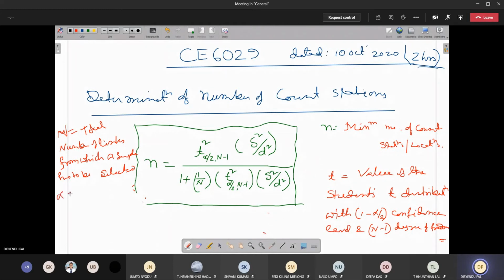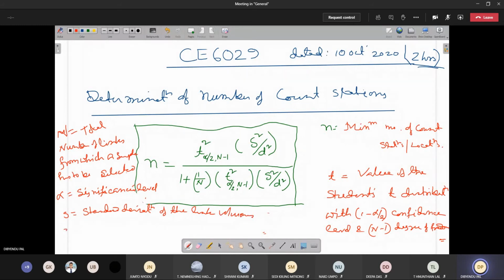Then alpha equal to significance level. Then what is left? S equal to standard deviation. Simply write down standard deviation of the link volumes.